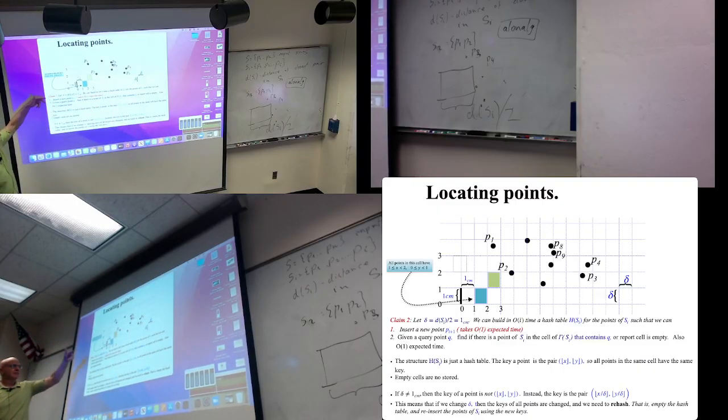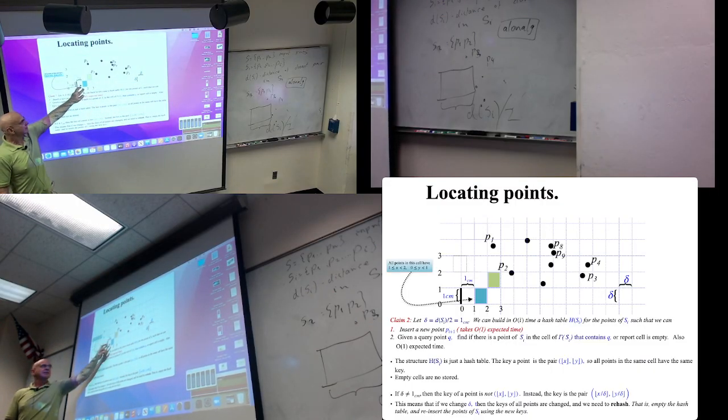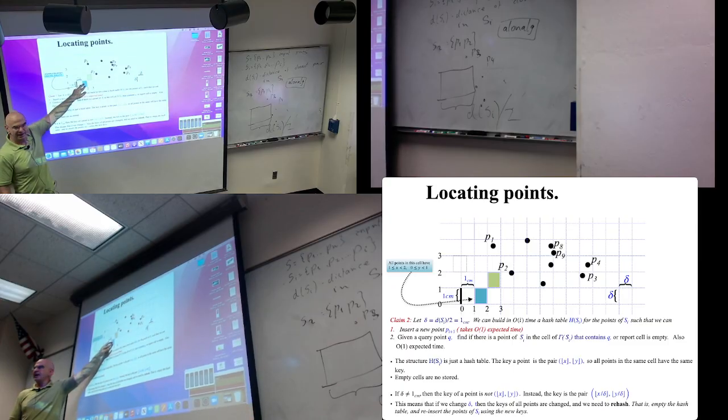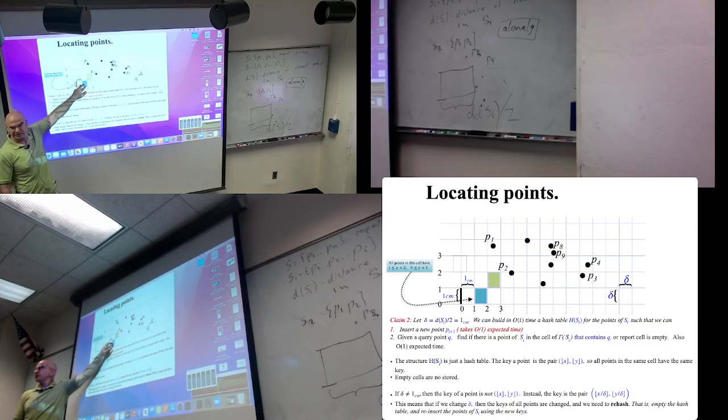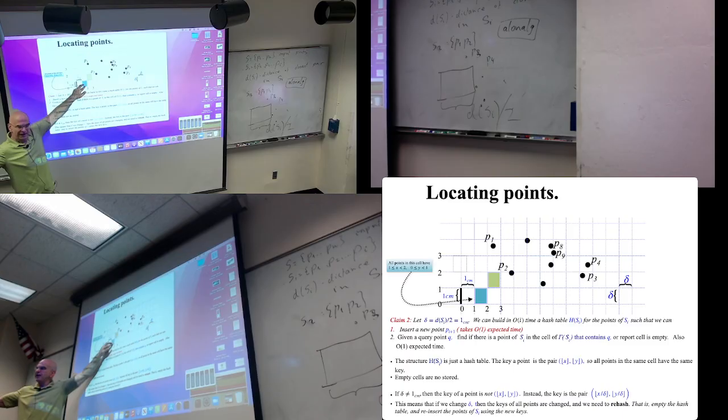And I argued in the last meeting that from S_i, I will never have 2 points in the same cell. I might have other points which are in P_{i+1}, P_{i+17}, points in the future. But from the point of S_i, I will not have 2 points in the same cell.